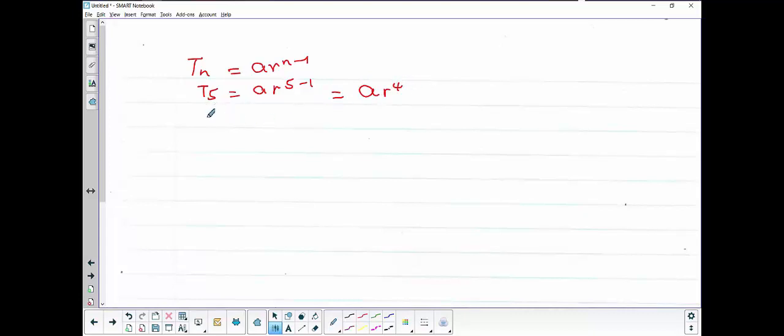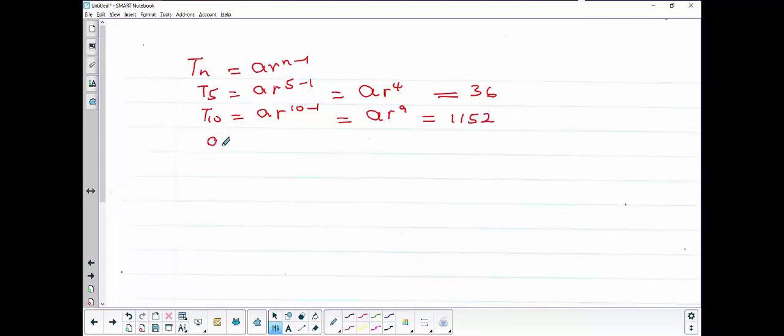And T10 is A r raised to power 10 minus 1, which gives us A r raised to power 9. Remember that we are given the value for the 5th term, which is equal to 36, and the value for the 10th term, which is 1152.